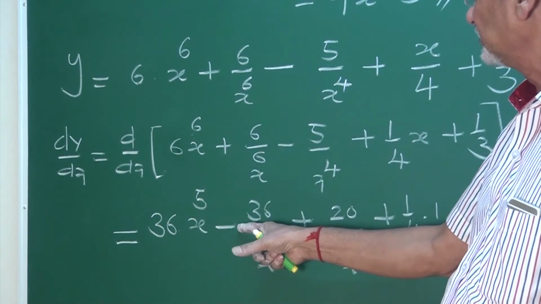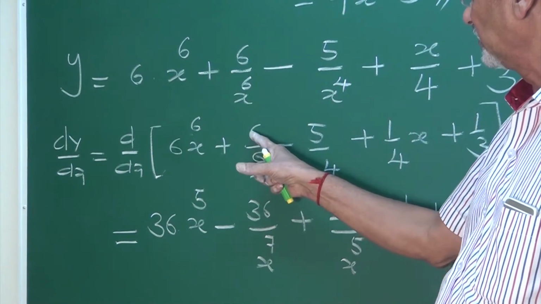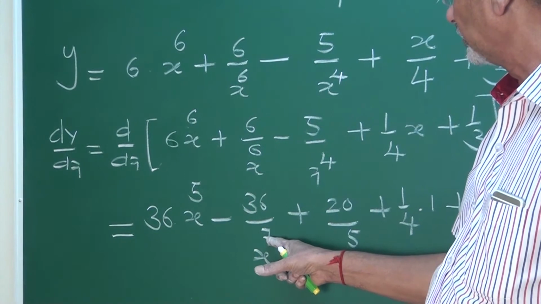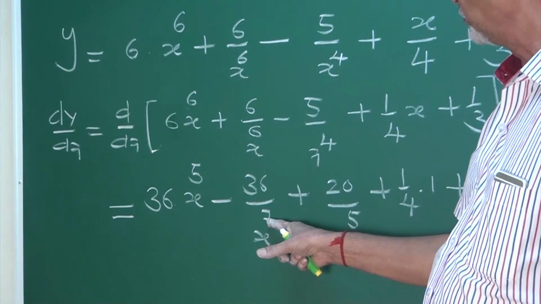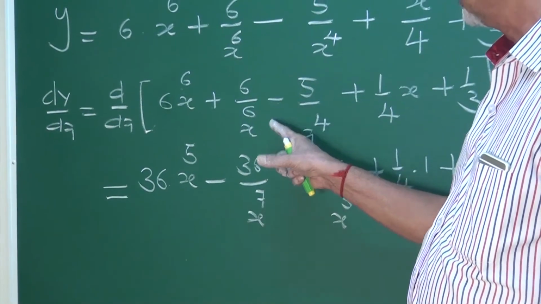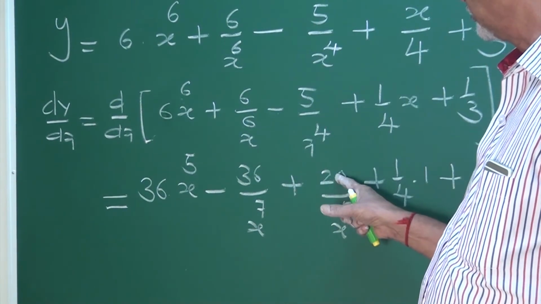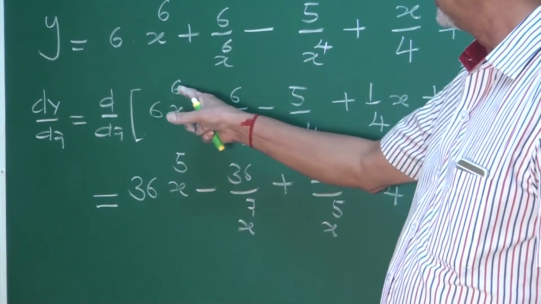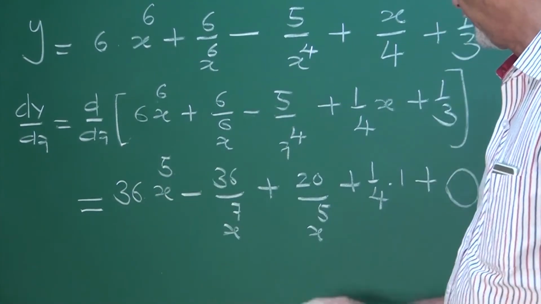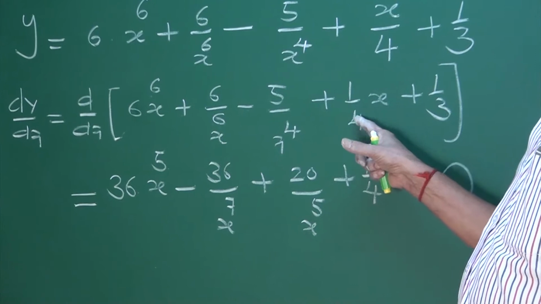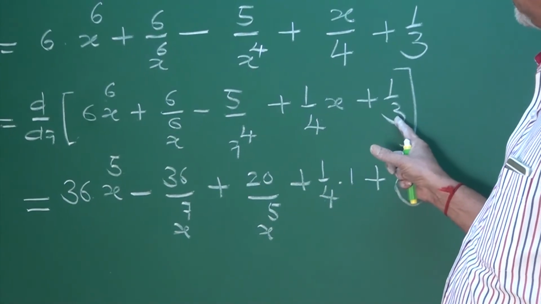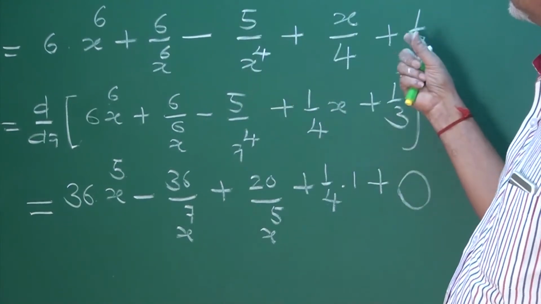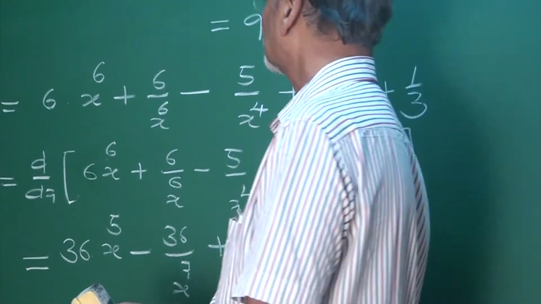Down means sign changes, minus. Once again, multiplication, 36. When it is in the denominator, 1 power more, n plus 1. 6 plus 1, down. Sign change, plus. Multiplication, 20. x to the power 1 more. Down is 1 more, up is 1 less. Kx, what is k? 1 by 4. 1 by 3 being a constant. This is the derivative of this y, my friends.